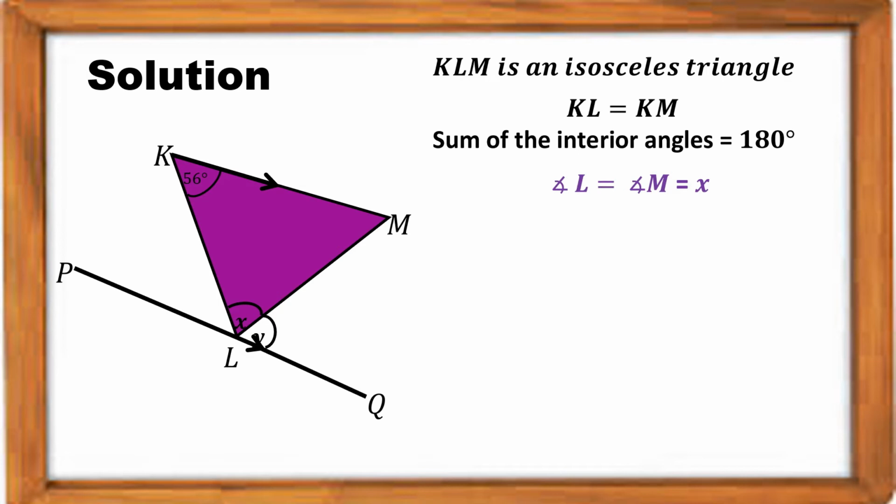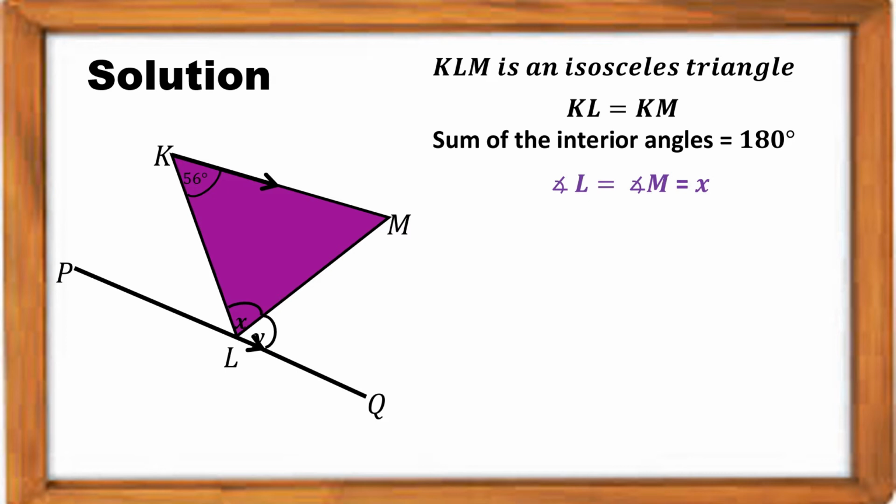So to calculate the value of angle X, what we're going to do now is write a statement for the sum of the internal angles of this triangle. What do we know about this sum of the internal angles of a triangle? It sums to 180 degrees. So we're going to begin by writing in this bit of information: sum of the interior angles of a triangle LKM is 180 degrees.